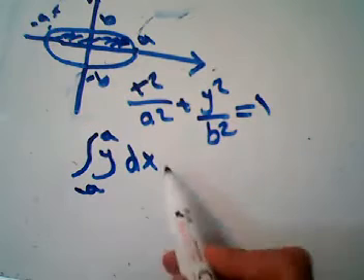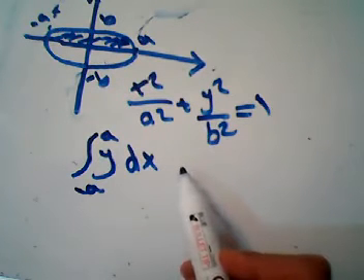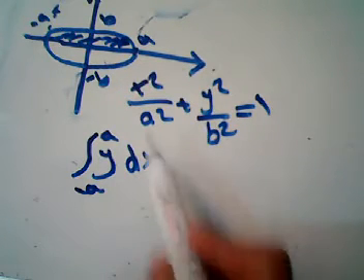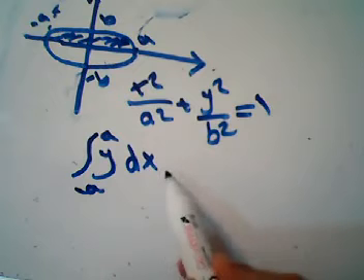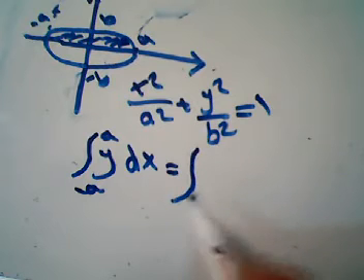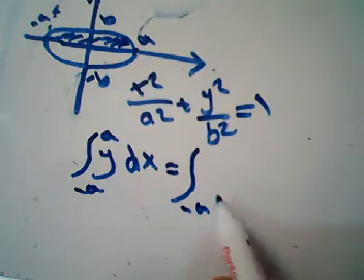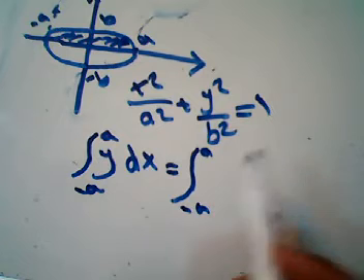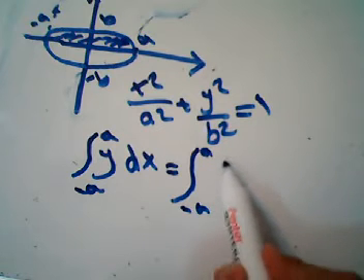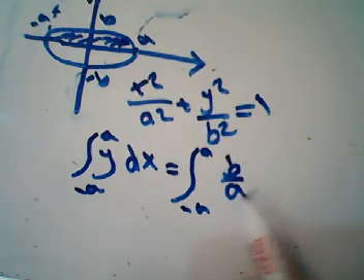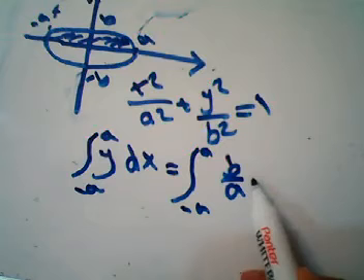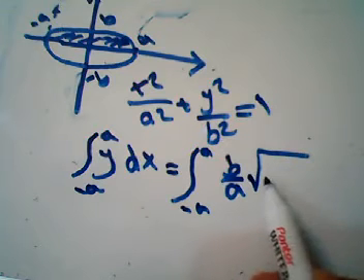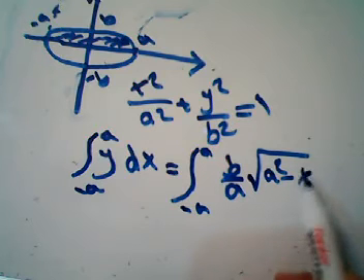And what is y for the upper part? y equals b over a times the square root of a squared minus x squared.